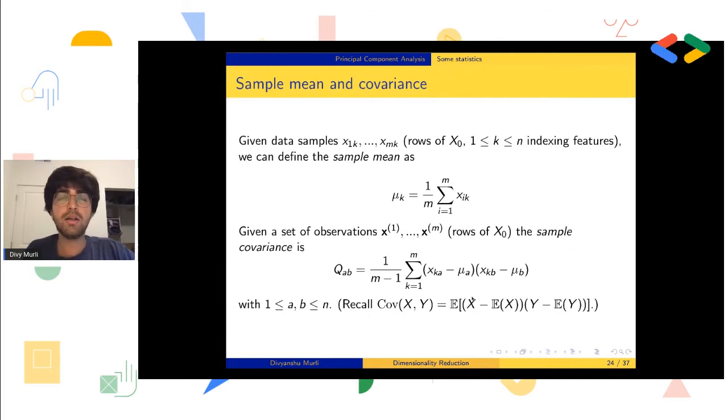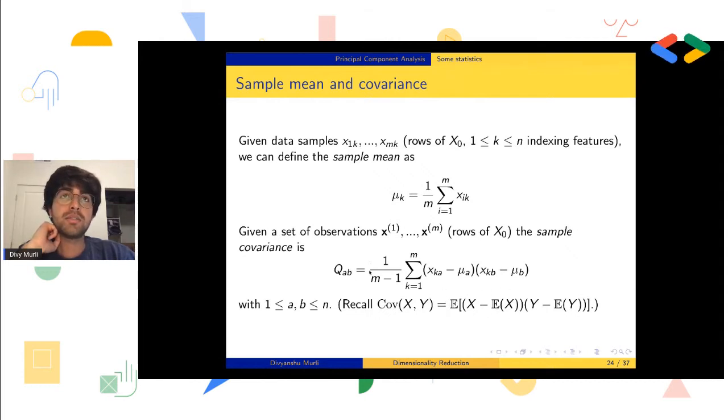Just recall, let's say we have two random variables, x and y. This x is not the same as the x before. I apologize for the abuse of notation, but this is just some random variable. Then this is the covariance. It's basically the deviation of the random variable from its mean. So we can see that these are the respective means, and you take the mean of all of that.